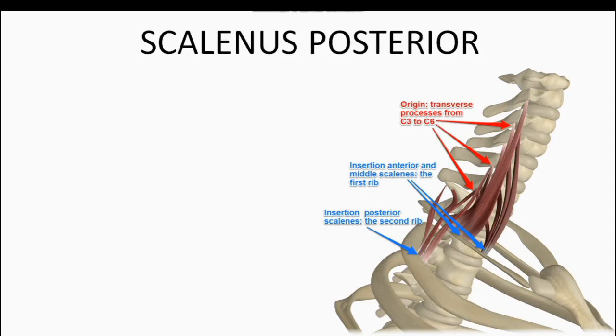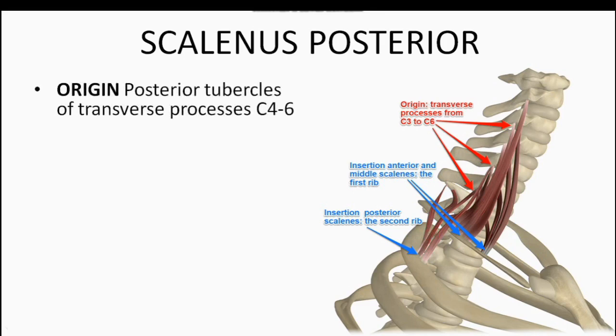Scalenus posterior. You can see here the scalenus posterior, how the fibers are running. So scalenus posterior originates from the posterior tubercle of transverse process.